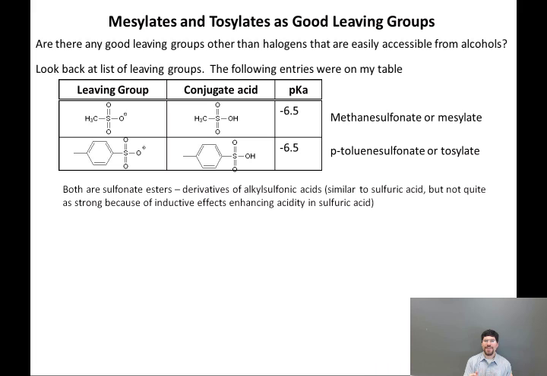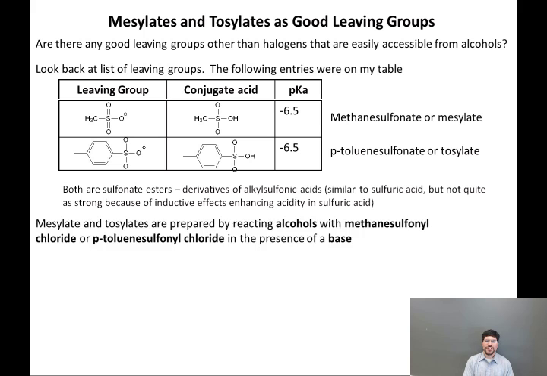Okay, so just bringing us back to something we talked about in a previous lesson. Mesylates and tosylates are prepared by reacting alcohols with either methane sulfonyl chloride or paratoluene sulfonyl chloride in the presence of a base.